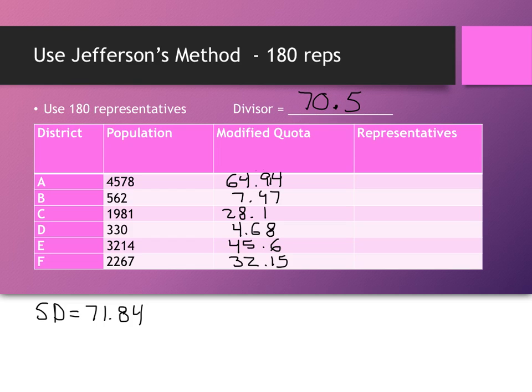So the number of representatives will be 64, 7, 28, 4, 45, and 32. And if you add all those up, 64 plus 7 plus 28 plus 4 plus 45 plus 32, you do get 180 representatives.